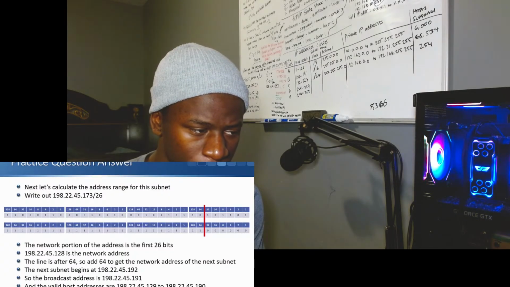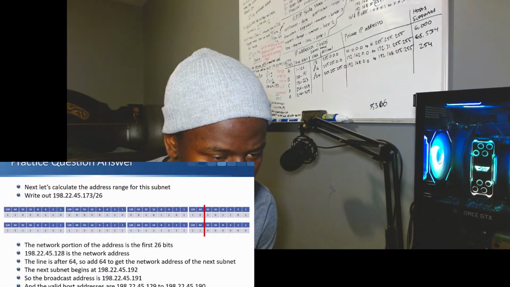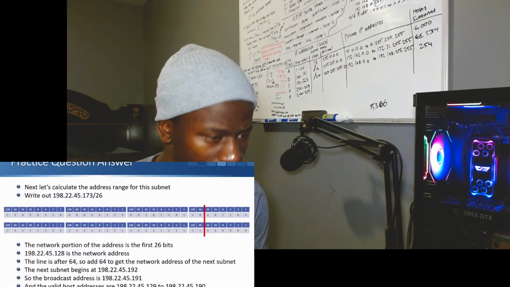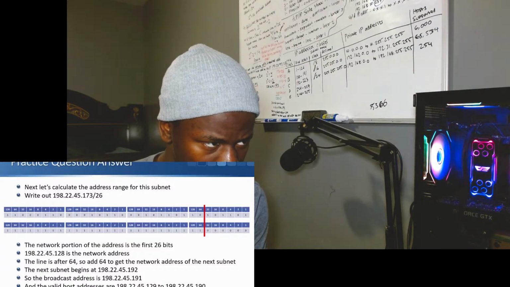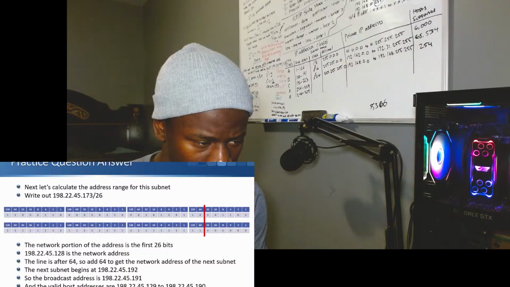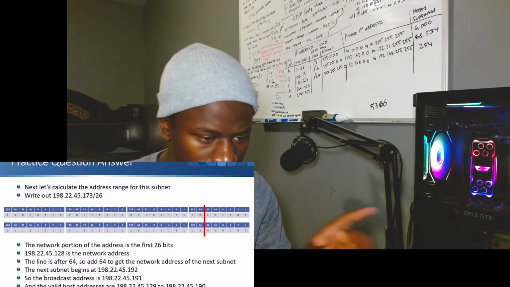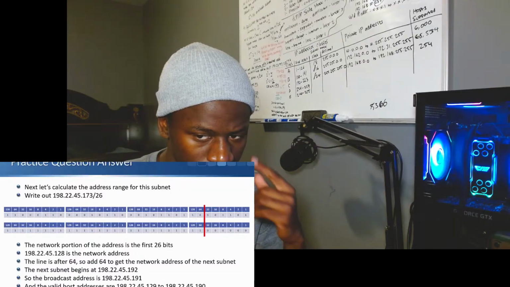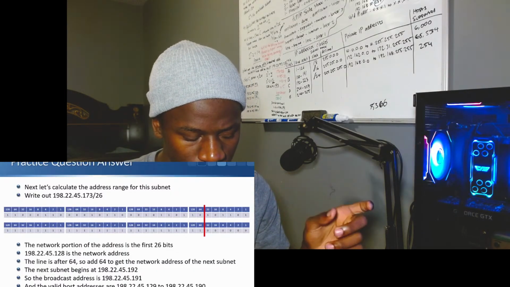I can see that this address that I'm interested in is 198.22.45.173. So first subnet is 0, then 64, then 128. The next one would be 128 plus 64, which is going to be 192. So 173 is less than 192, so it must be in the 128 network.